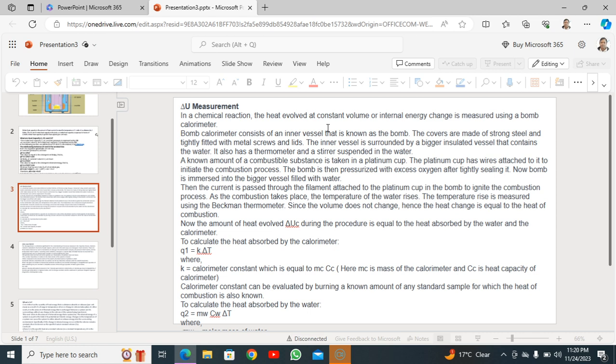A known amount of combustible substance is taken in a platinum cup. The platinum cup has a wire attached to initiate the combustion process.